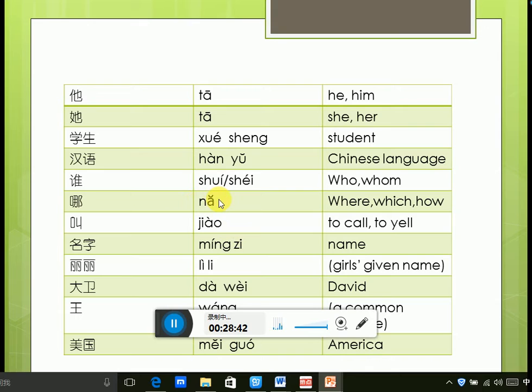At this point, we are not going to go too deep into the ways to use 哪.